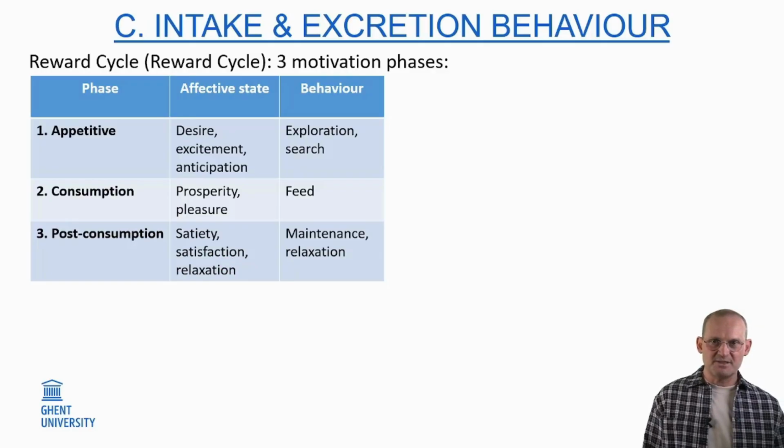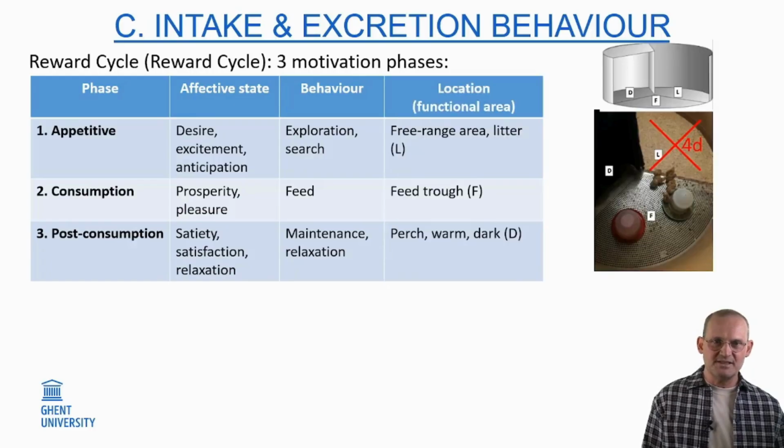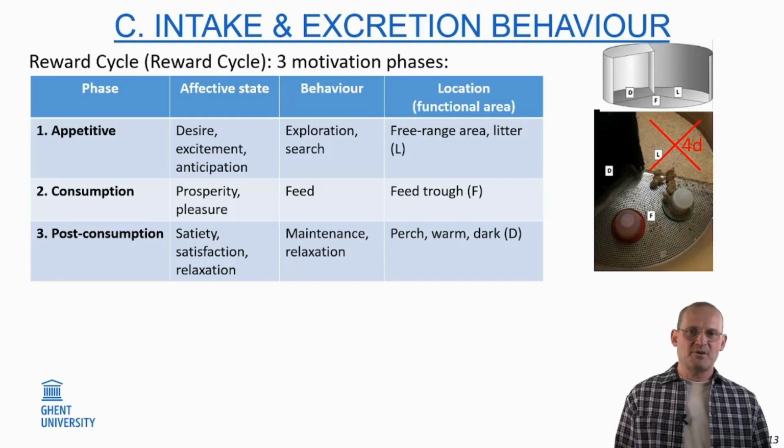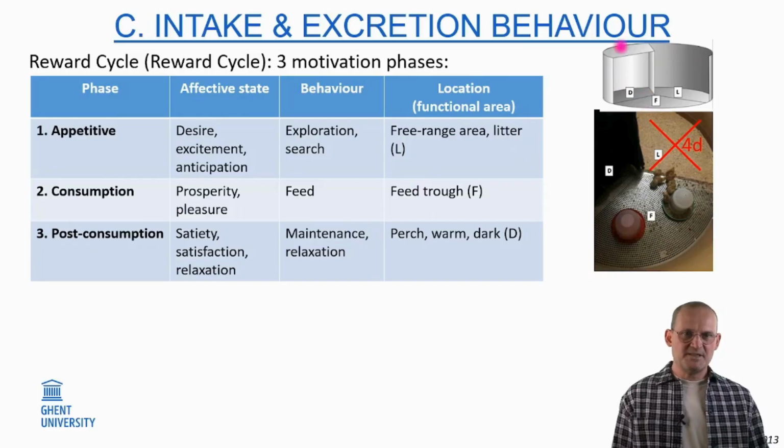And in this study, which was quite neatly and ingeniously conducted, they housed the chicks in a housing system like this, in which they could have 3 functional zones that matched each of these different motivational phases. So they had the zone L here, which was a free range area with litter that allowed for foraging behavior.